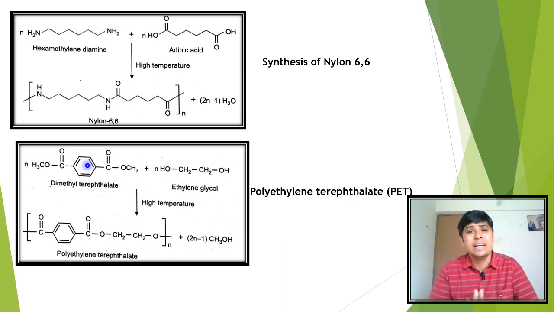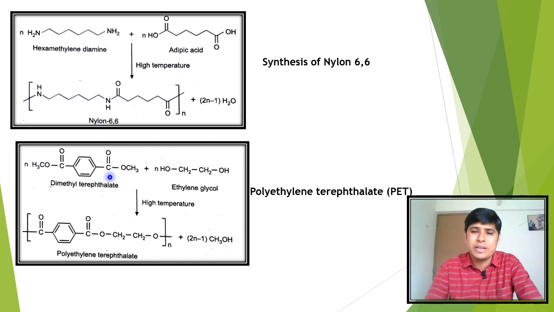When terephthalic acid or its ester, like dimethyl terephthalate, is condensed with n number of ethylene glycol molecules at high temperature, we get polyethylene terephthalate by the loss of water molecules. So this is also a condensation polymer.